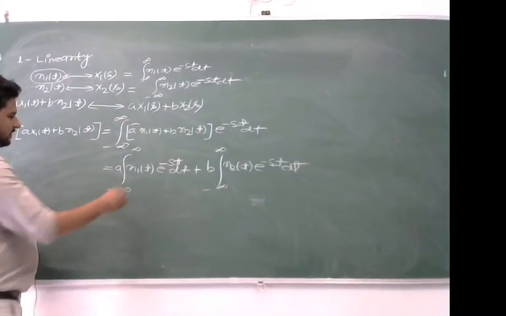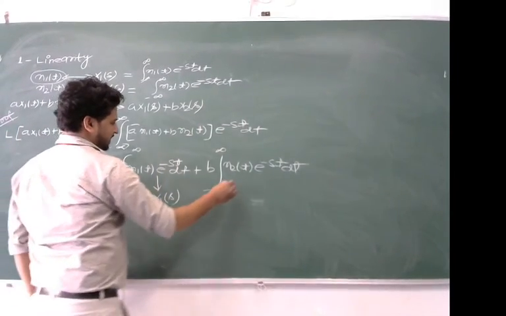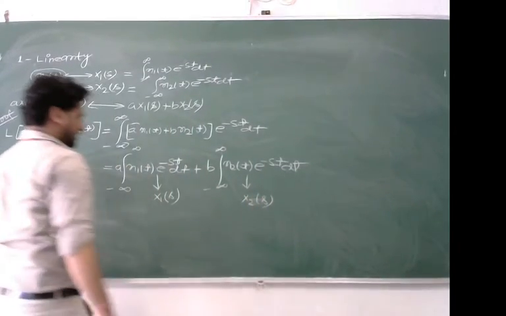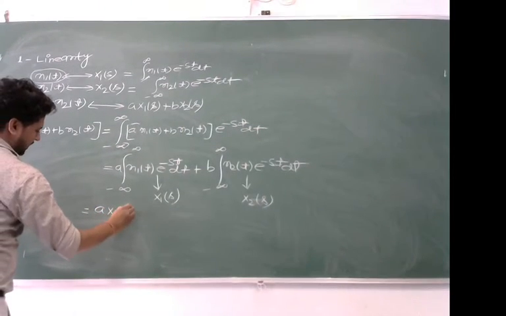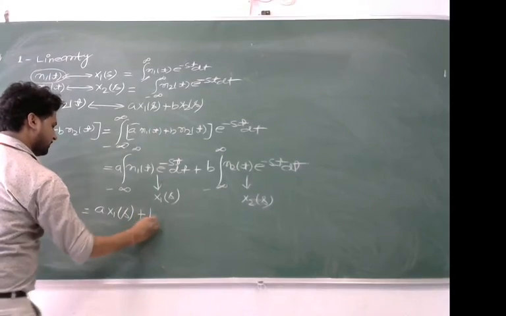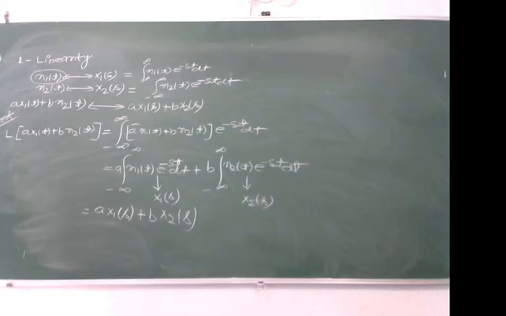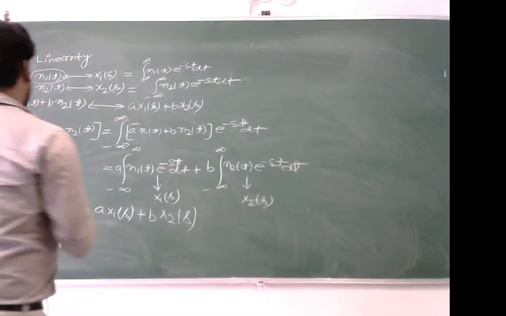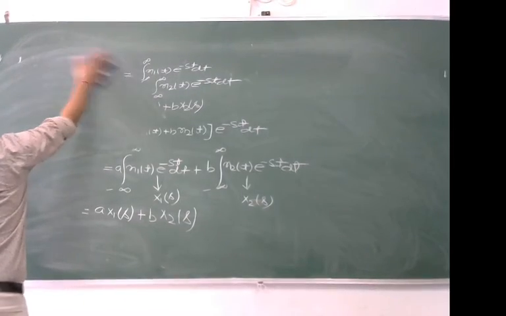So in place of this function I will write X1 of s, and in place of this I can write X2 of s, and this will become equal to a X1 of s plus b X2 of s. This is what the linearity property of the Laplace transform states. The next property is the shifting property.